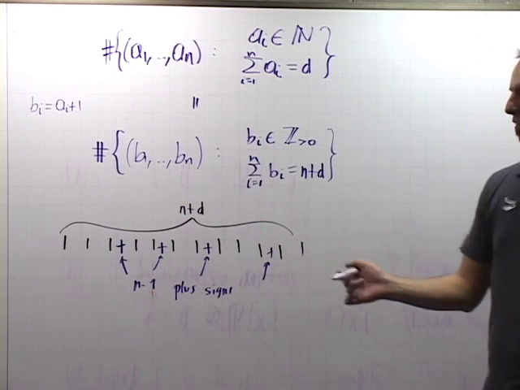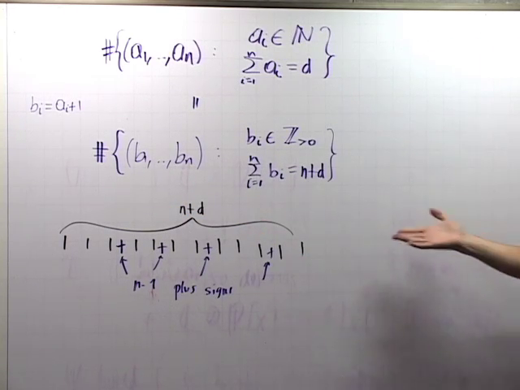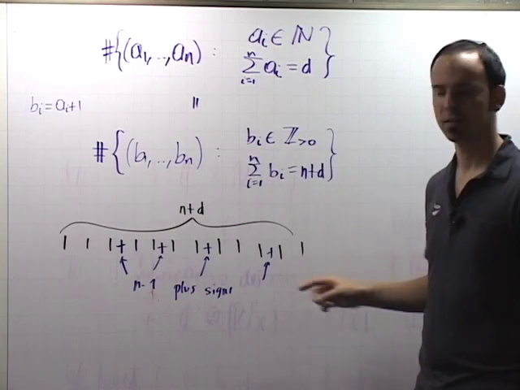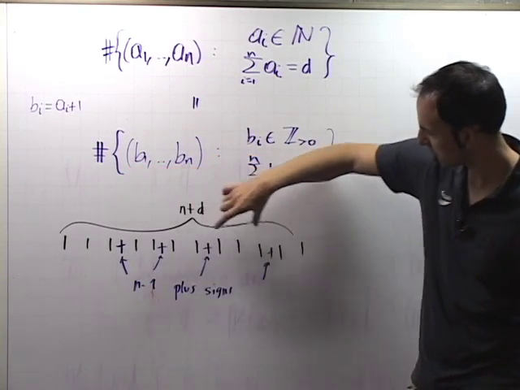Just in some of the spaces put a plus sign. And so what are you going to get? You're going to get the sum n plus d written as 3 plus 2 plus 2 plus 3 plus 2.